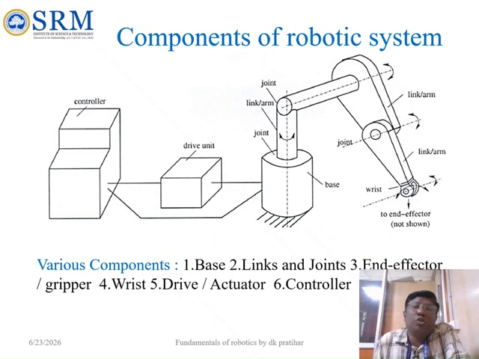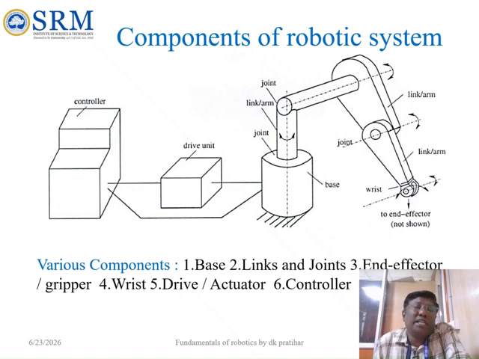So if you look at this robotics, you will have a controller. The controller is the one controlling all operations. See, if you want to write code, after writing the code, the whole robot is run only with electrical motors. Okay, servo motor or stepper motor, it will run. So whatever code we are giving should be converted into electrical pulses. That electrical pulse will be generated by this controller.